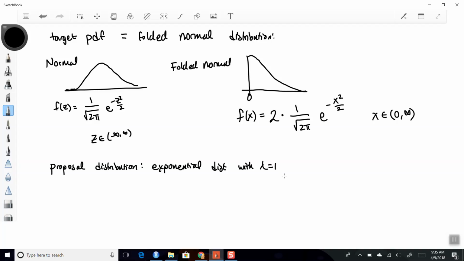All right, what does the exponential distribution look like in that case? Okay, so g of x, our PDF of the exponential distribution, is lambda e to the negative lambda x, right? And so this just becomes e to the negative x. So that's g of x, right?